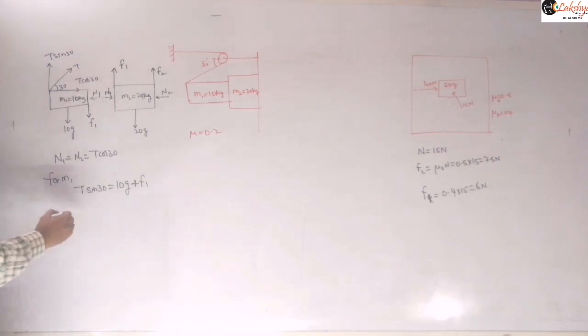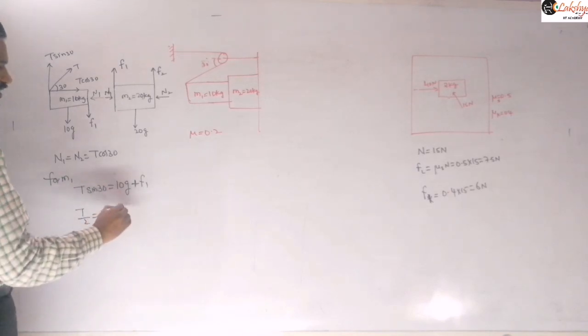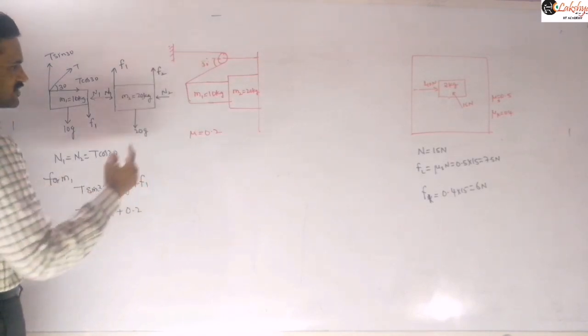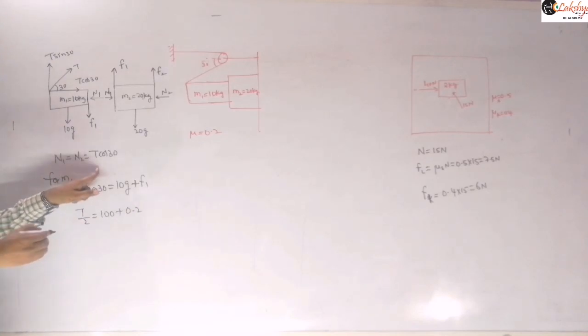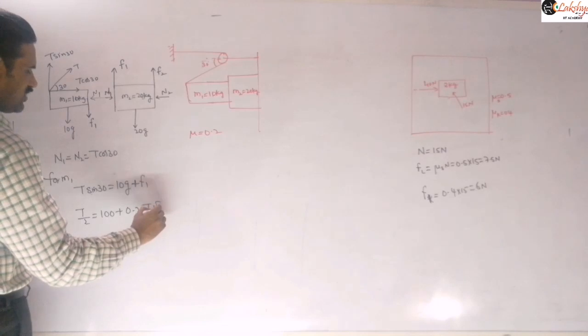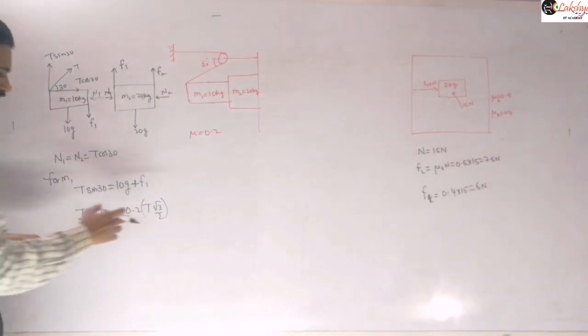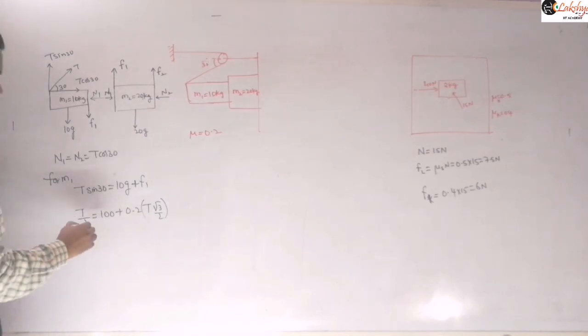Now T sin 30, that means T by 2, is equal to 100 plus F1, which we can write as coefficient of friction, given as 0.2, into N1. N1 value is T cos 30, so T into root 3 by 2. We are applying the mu N formula here, right? And from this you can calculate the T value.